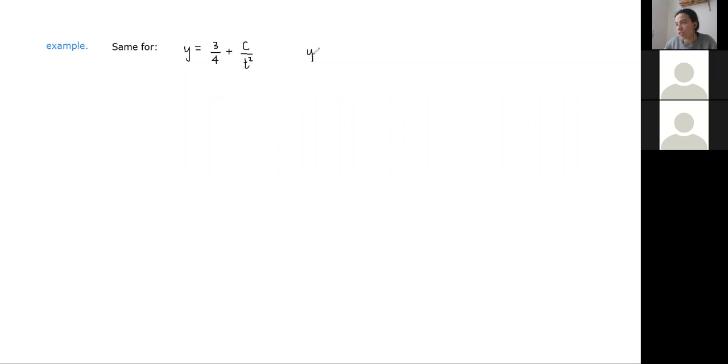And the differential equation is 2 times t times y prime plus 4 times y is equal to 3. So you need to verify that the left-hand side is equal to the right-hand side for this particular choice of the function y. I'll give you again 2 minutes in order to solve that.